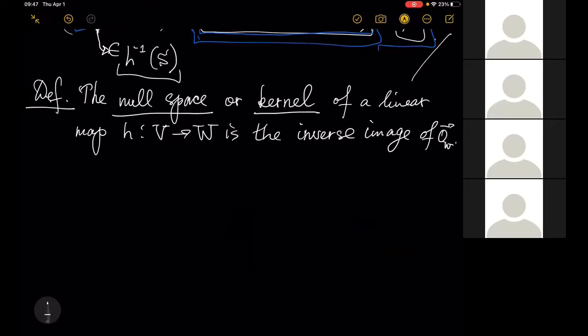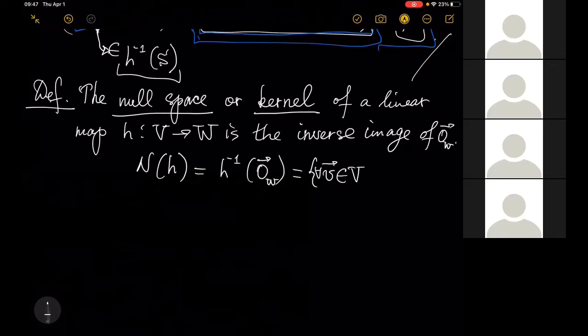So in other words, N of H, the null space of H, is the inverse image of the zero vector, or in other words, all vectors in the vector space V such that they are mapped to the zero vector by our homomorphism.